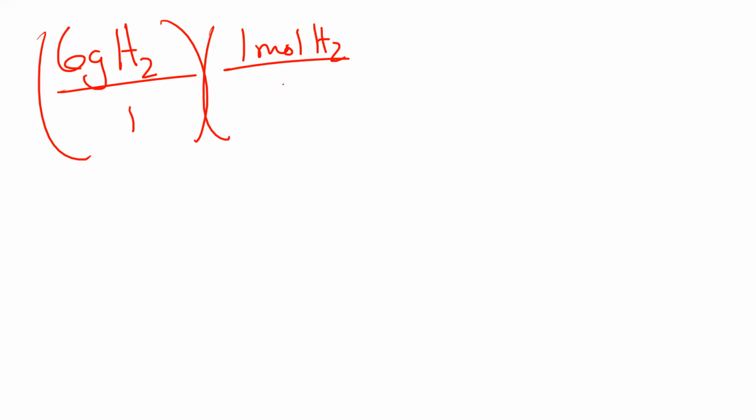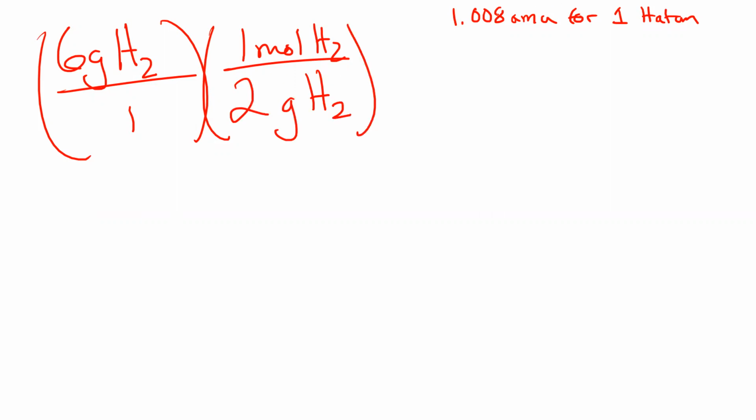Especially because the atomic mass is 1.008 AMU for 1 H atom. So you can just round that to 2 because it's very close to 2. Okay. So 2 grams of H2. Why 2? Because it's 1.008 times 2 because there's 2 atoms within a single H2 molecule. Okay. Make sense?